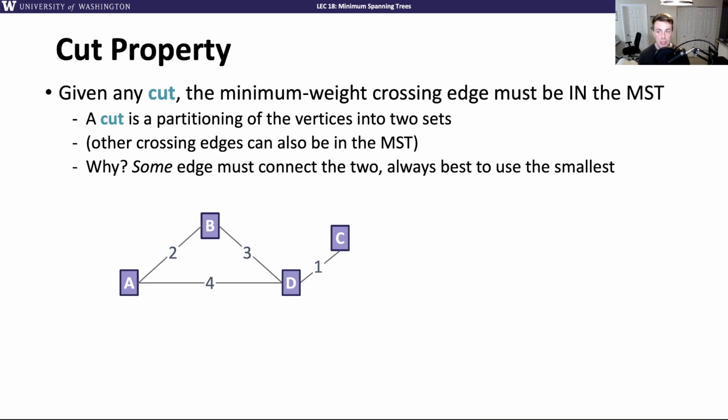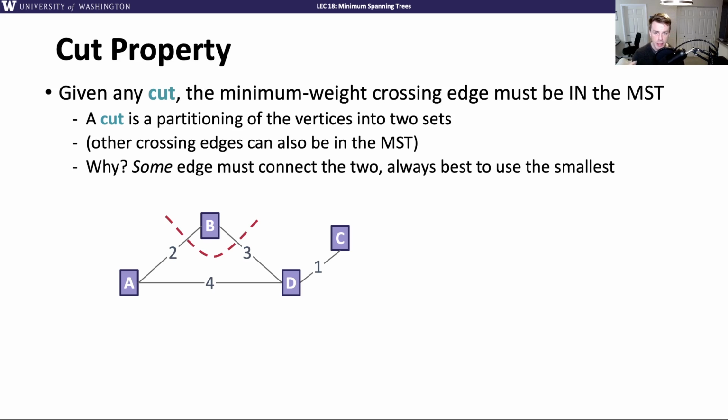This other property is what we call the cut property. So a cut of a graph is some separation of the nodes. So you might say, for example, one possible cut of this graph is to separate B into its own set and then have A, D, and C in the other. So a cut is just any partition. You partition the nodes into two sets, we call that a cut.